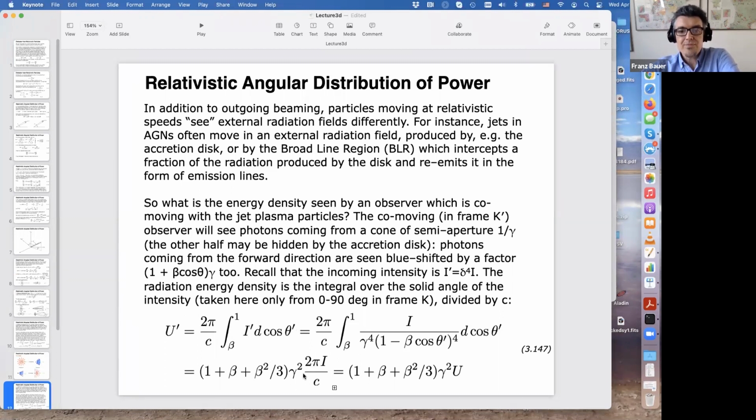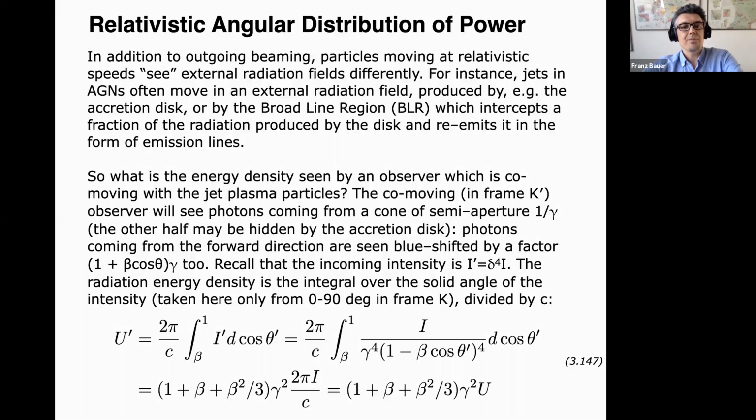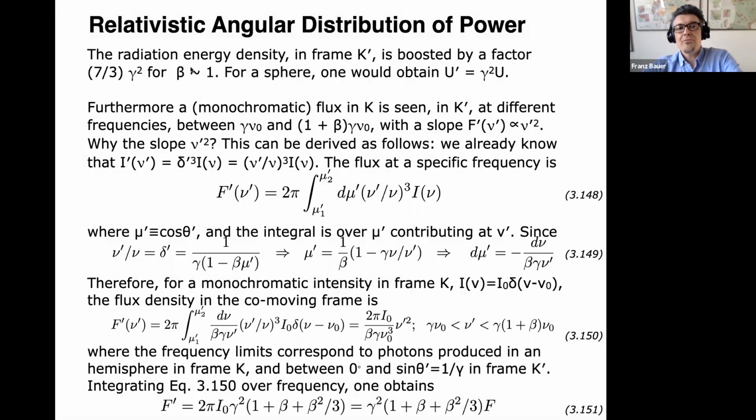And so here we have our energy density now in terms of the K frame, but with this correction factor. Depending on beta, you will get a fairly strong boost. If the frames are traveling close to the speed of light, you will have something which is not uniform but is boosted. If beta is about equal to 1, then the apparent energy density ends up being boosted by a factor of almost 7/3.